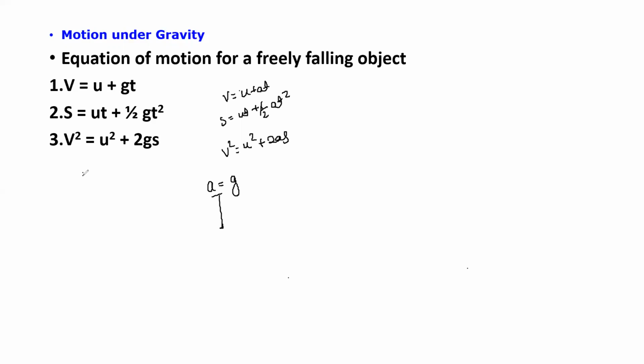So this is when the ball is falling freely towards the earth. Suppose the motion of the body is opposite to the gravitational force, then the equations become V is equal to U minus gt, S is equal to UT minus half gt square, then V square is equal to U square minus 2gs.